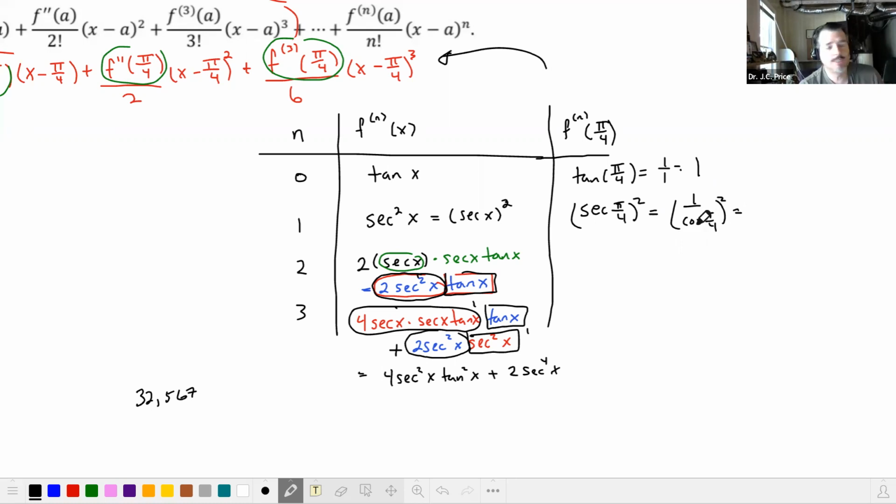And then remember, cosine of pi over 4, I know that one. It's root 2 over 2. So it's 1 over root 2 over 2. And then I'm going to square it. So it's really, I'll multiply by the reciprocal, 2 over root 2, and I'm going to square it. And so that's equal to 4 over 2, because you square the top and square the bottom. And of course, you get back 2.